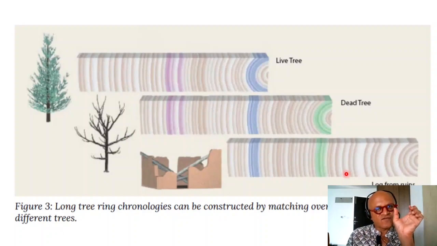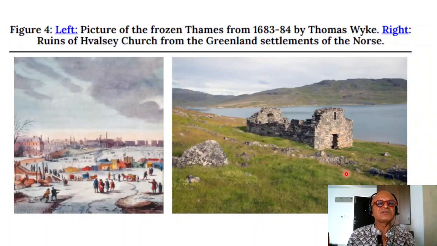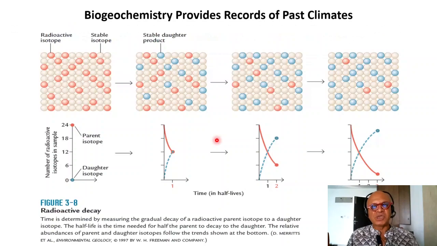Gives you a chunk of time in the past when the tree lived and stored the information. Just stunning. So this is again an example of how we get information also from images, historical archives, and other information.